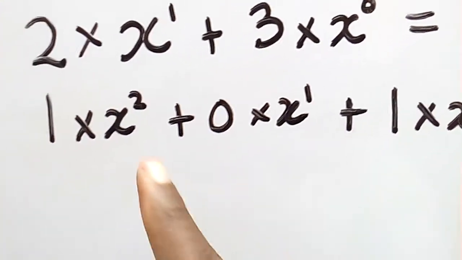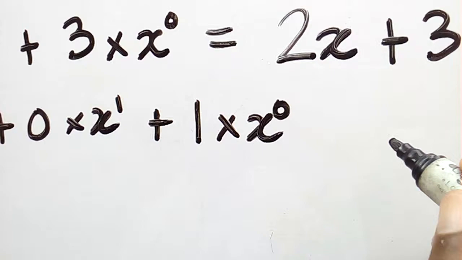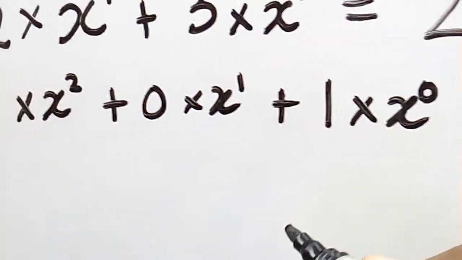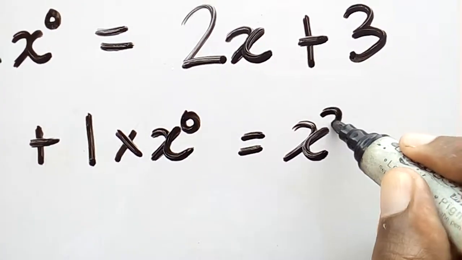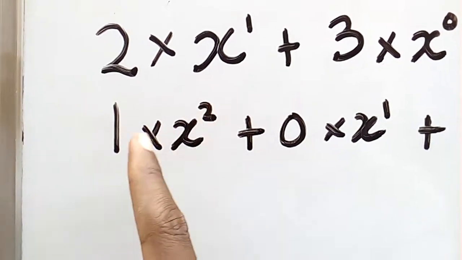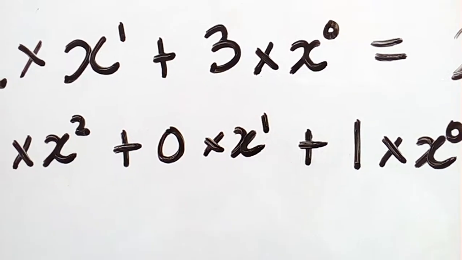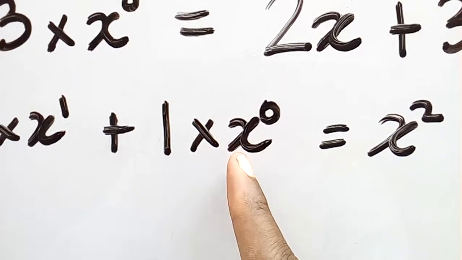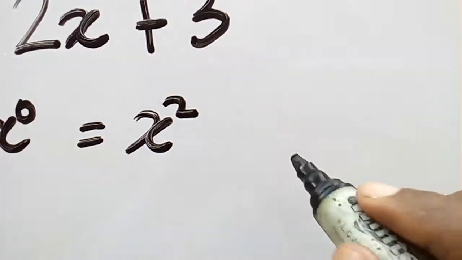Okay, so we start again from this side. X raised to the power of 2 is going to give us x squared. Okay, x raised to the power of 2 is x squared times 1 is x squared, and with the 0 involved, that gets out of the way. Okay, so we might as well not write it, and x raised to the power of 0 is 1. 1 times 1 is 1.